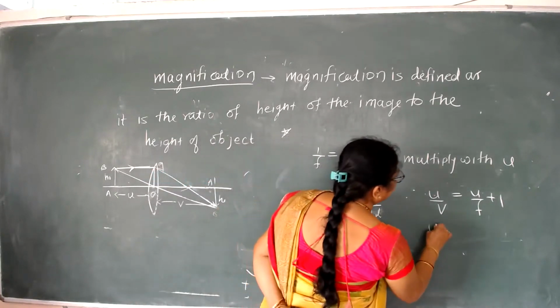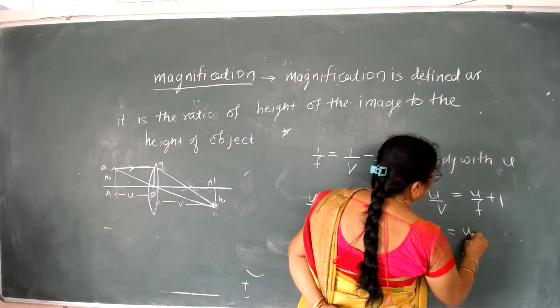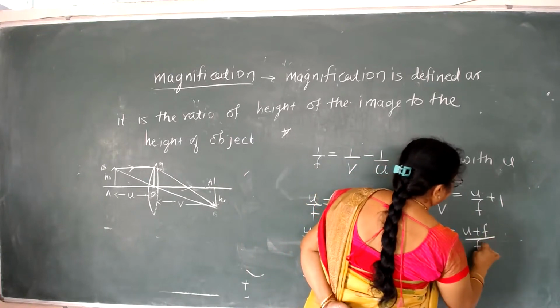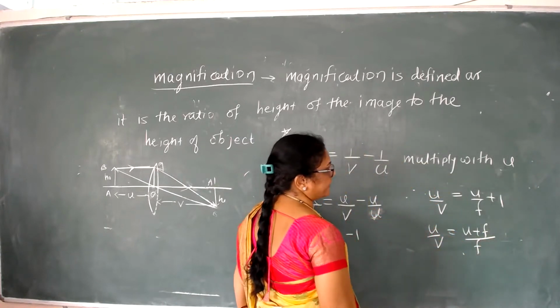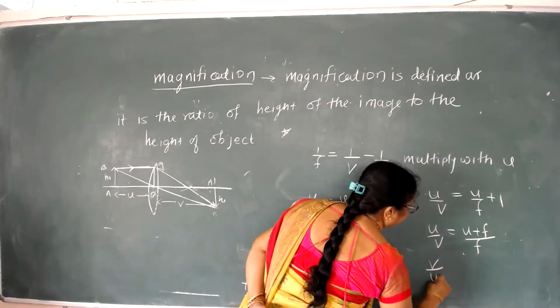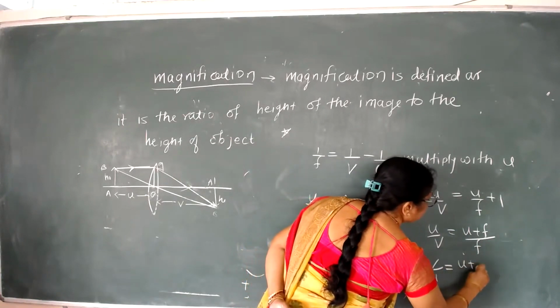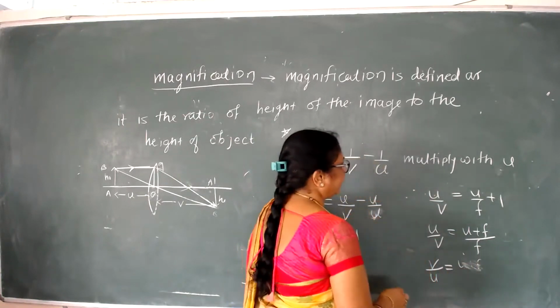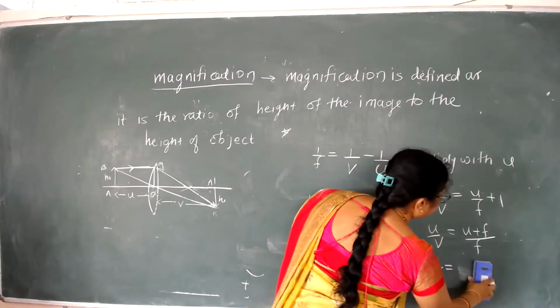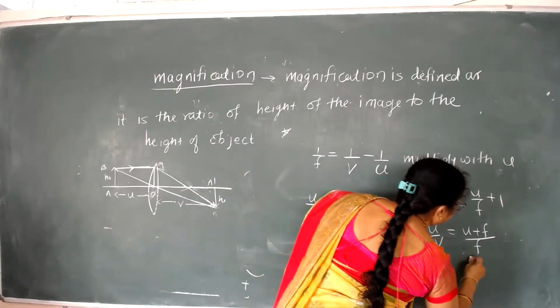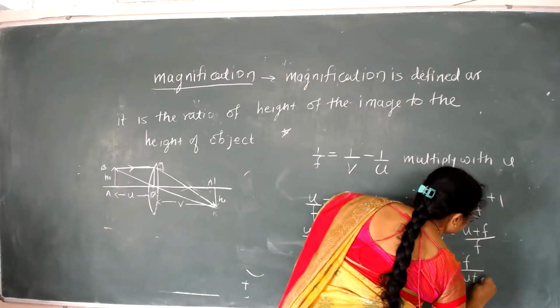Cross multiply this value. u by v is equal to u plus f divided by f. Reverse this equation. Sorry, v by u is equal to f divided by u plus f.